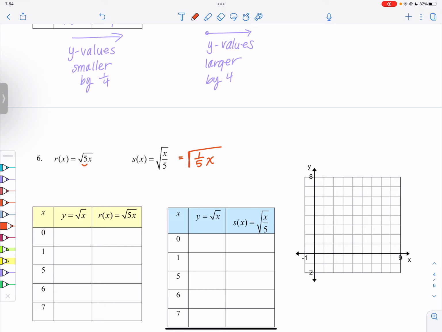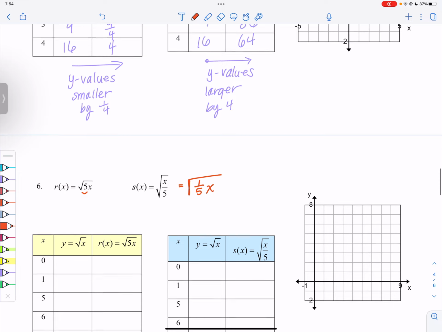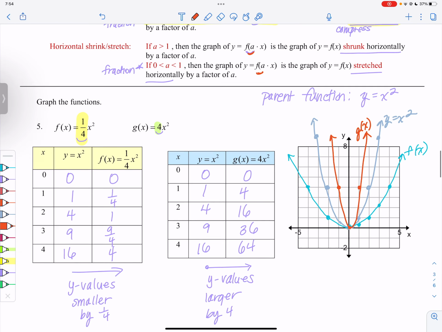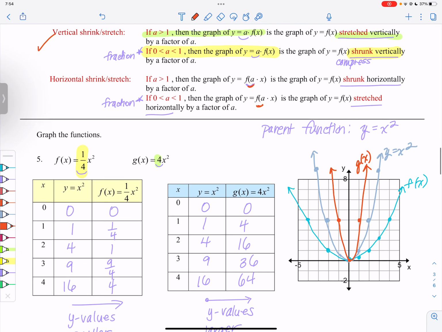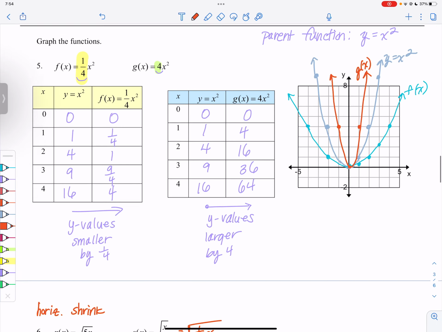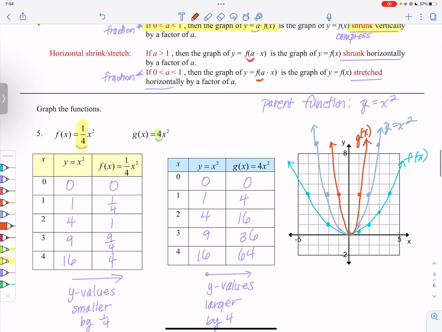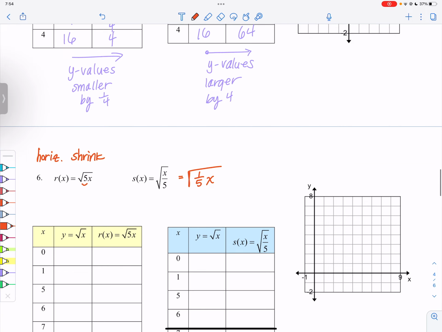So as you can see, we're going to have both of these cases. So since our constant is greater than 1, we're going to have a horizontal shrink here. And since we have that fraction on the inside, we're going to have a horizontal stretch.